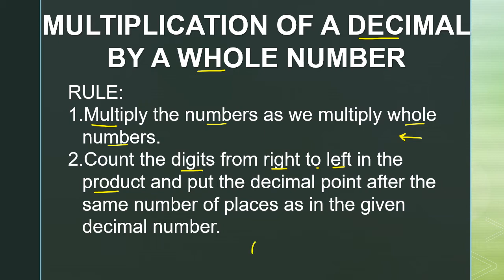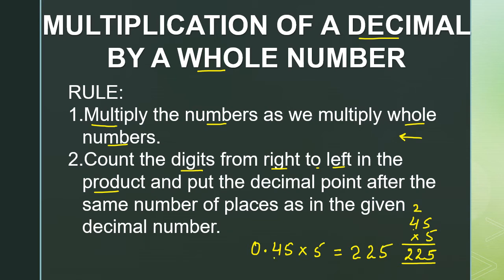Like if we have to multiply 0.45 by 5. So we will simply multiply 45 by 5 first, that is 5 5s are 25. 2 will be carried, 5 4s are 20, 20 plus 2, 22. So 225.